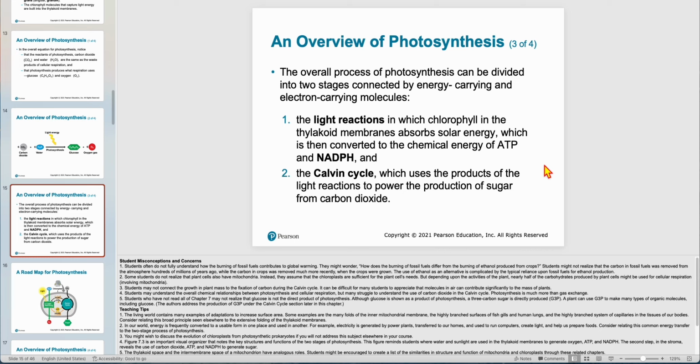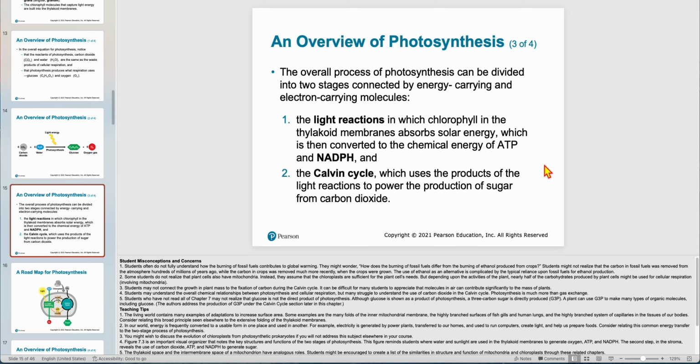So we have a light reaction, and then we have a dark reaction called Calvin cycle. Now, the reason why I don't like to use night and day is that it's not really an issue of night and day. It's an issue of whether there is more light or less light present. If we have a really cloudy day, then that's still going to fall under dark reaction, even though it's daytime. Does that make sense to everyone?